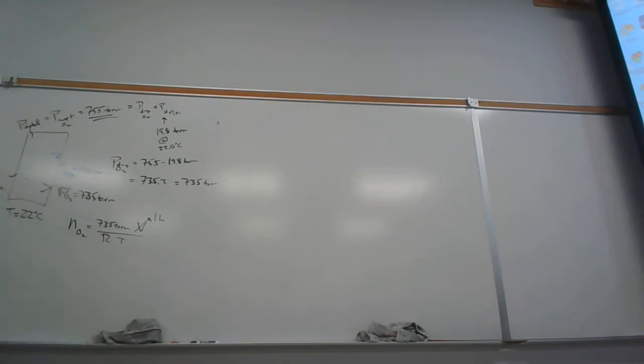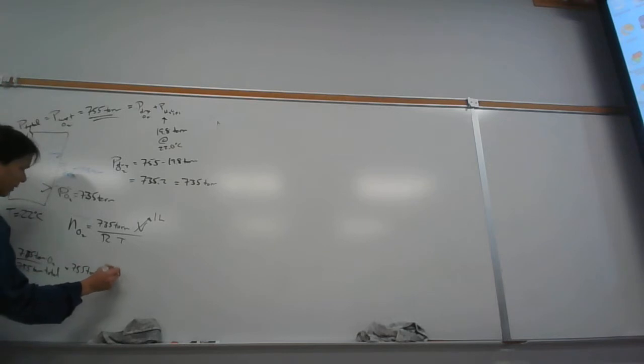So the pressure of the dry oxygen, there are different ways of visualizing this. The pressure of dry oxygen is equal to the pressure fraction of oxygen times the total pressure. The pressure fraction of oxygen is 735 torr over 755 torr total, times the total pressure of 755 torr, which gives us 735 torr.